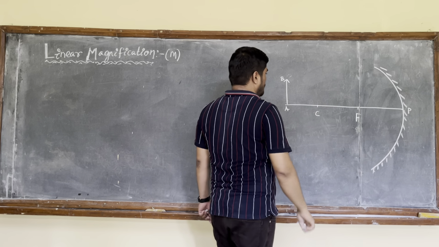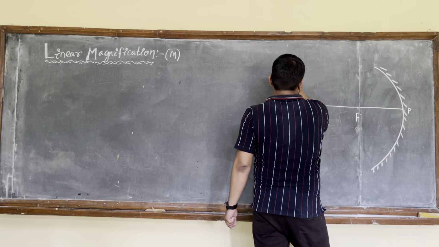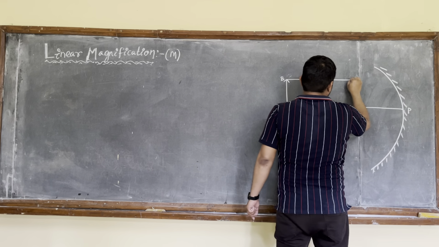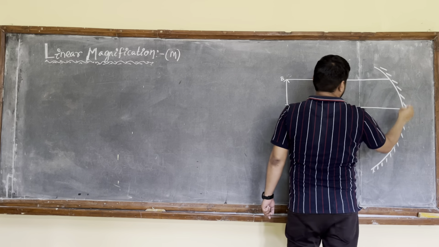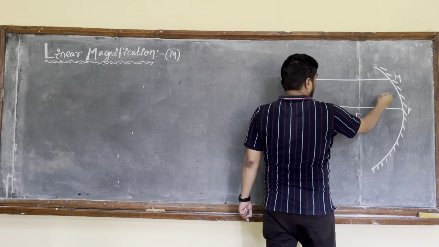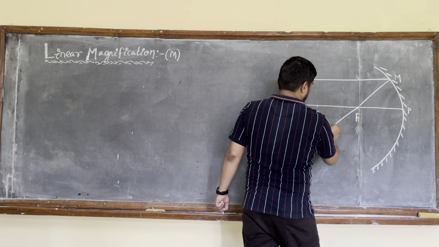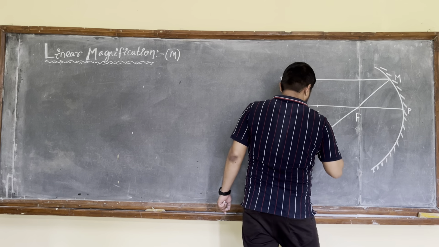So AB is the object, and one ray that is parallel to the principal axis meets the spherical mirror at point M, and then after reflection through the spherical mirror it will pass through the focus.